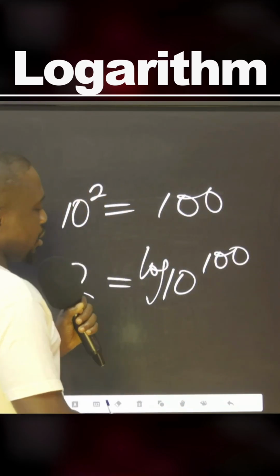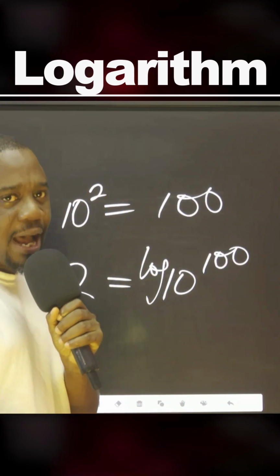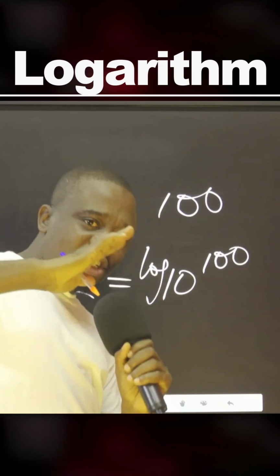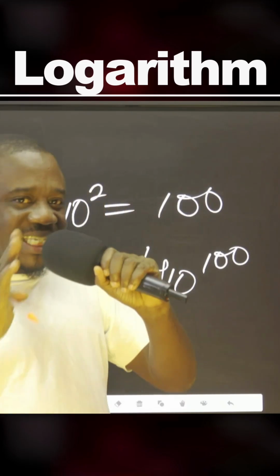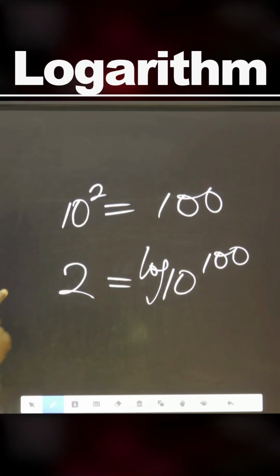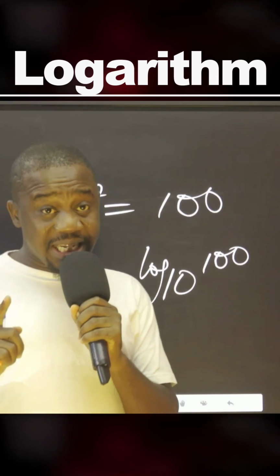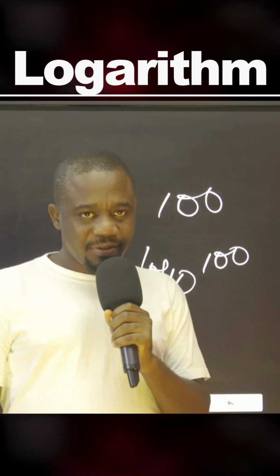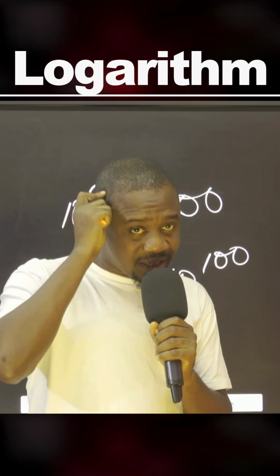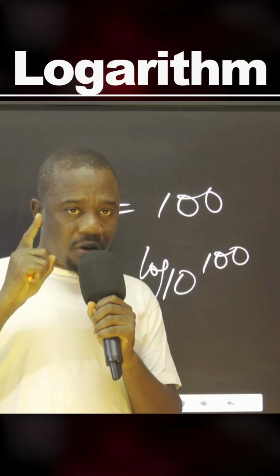So we put log because 10 has carried this guy before. So this is the relationship between indices and logarithm. Very important. You understand this. This is the first thing you need to understand in logarithm. Once you have this, let's go for the first law of logarithm.